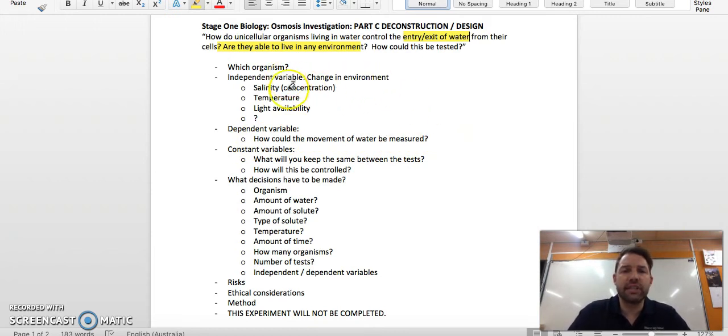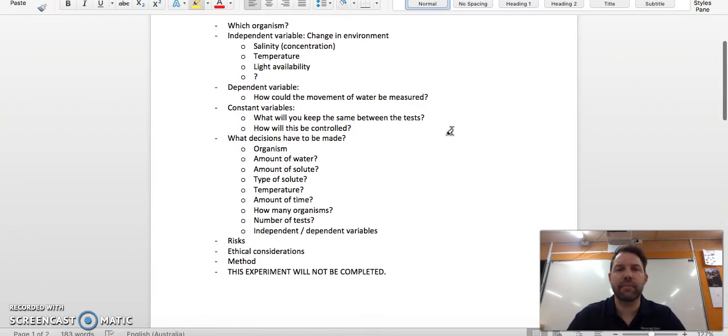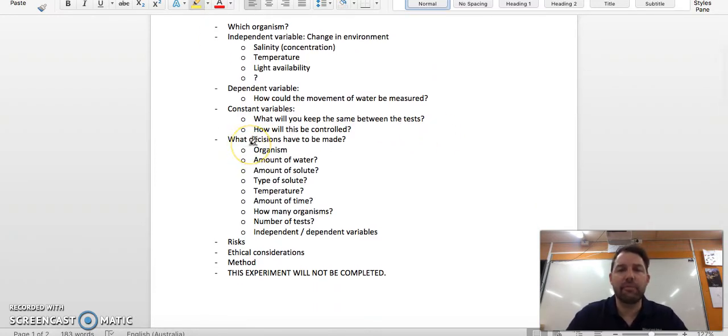Once you've chosen an independent and dependent, then you can think about, what are you going to keep constant throughout your experiment? What are you going to keep the same, and how will you control this? Lastly, you'll look at a number of decisions that you need to make in this experiment. When designing this experiment, you will make those decisions, and then you will justify your decisions and choices.